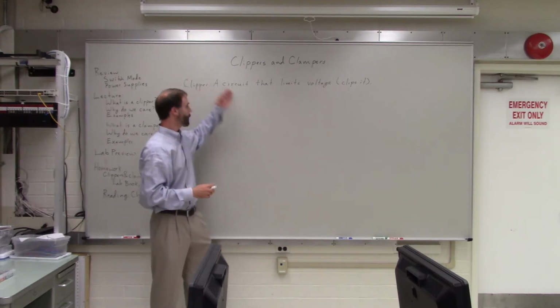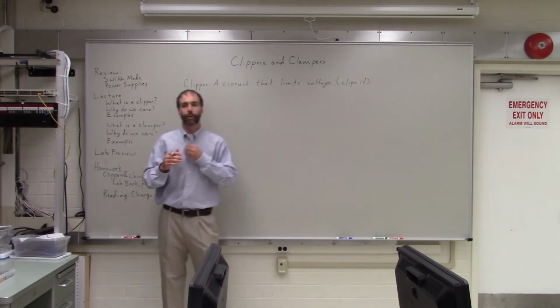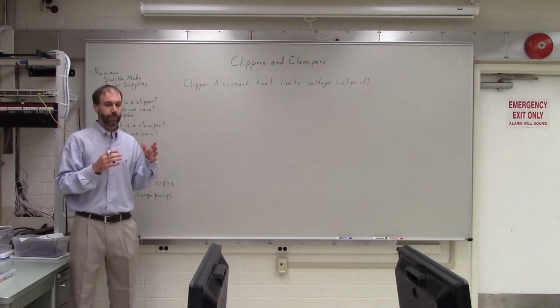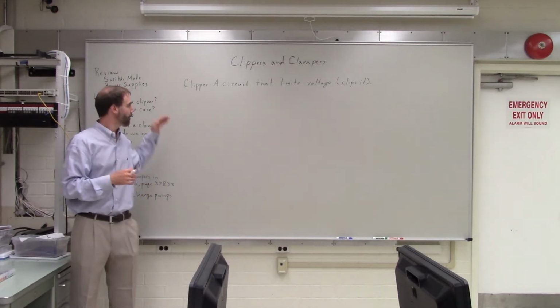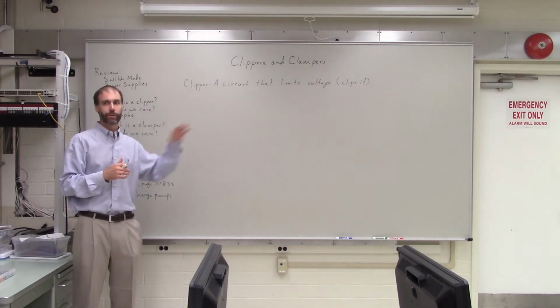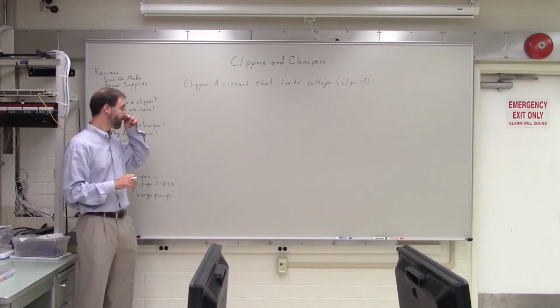So a Clipper circuit will limit a certain amount of voltage. If you put a Clipper circuit in line with another part, the Clipper circuit will not allow voltages over a certain level to pass through.